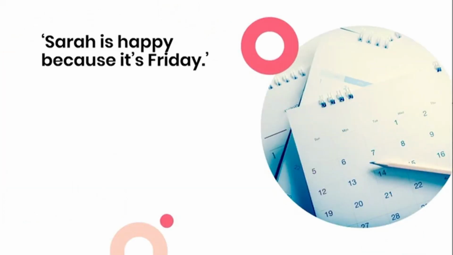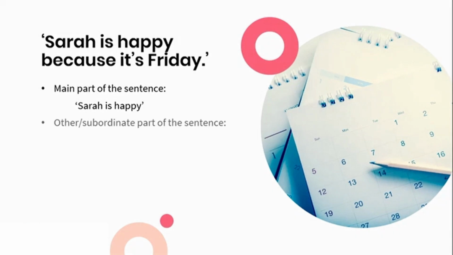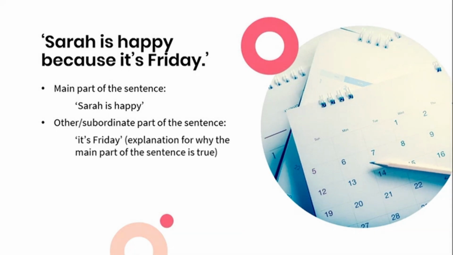Let's use this one in a sentence. Sarah is happy because it's Friday. The main part of the sentence is Sarah is happy. The other part of the sentence, it's Friday, is an explanation for why the main part of the sentence is true.